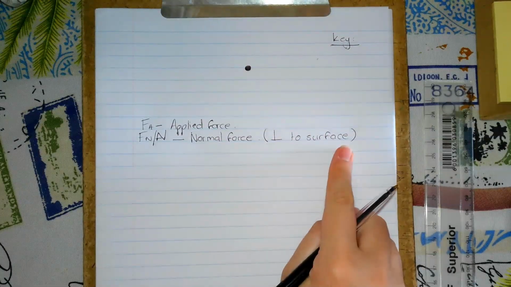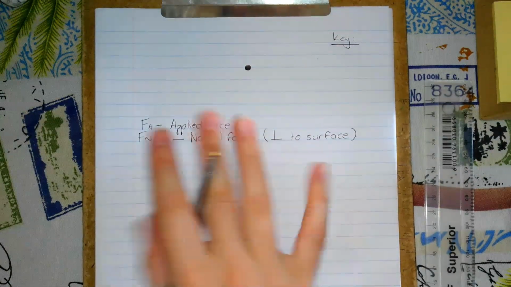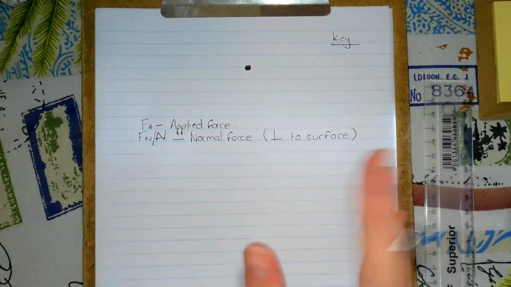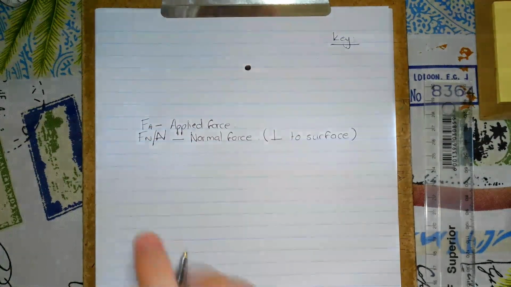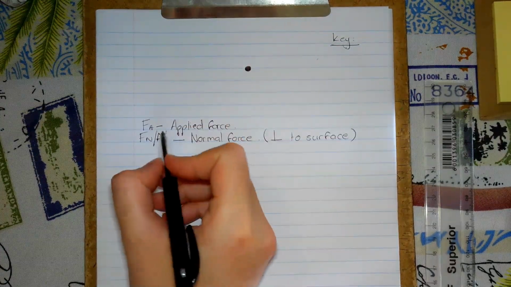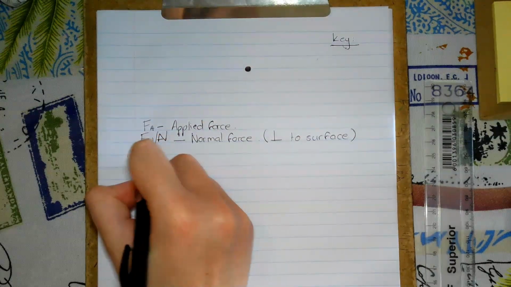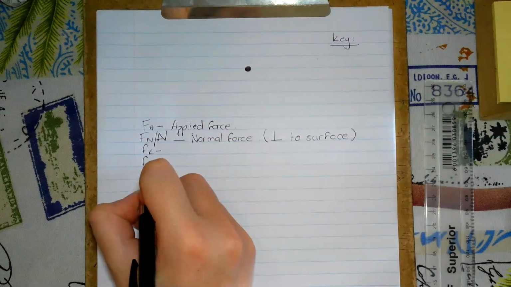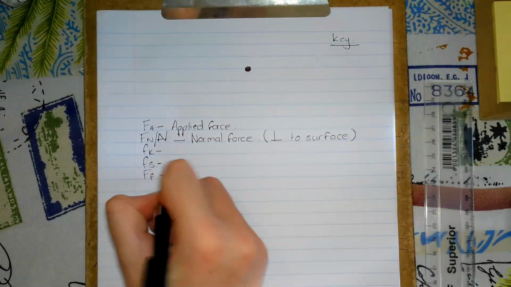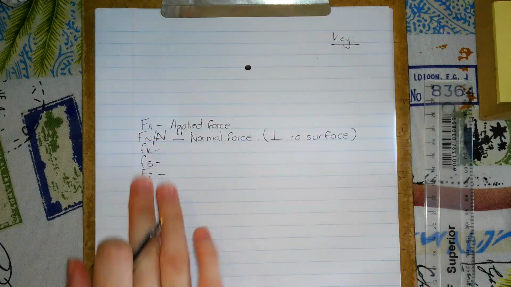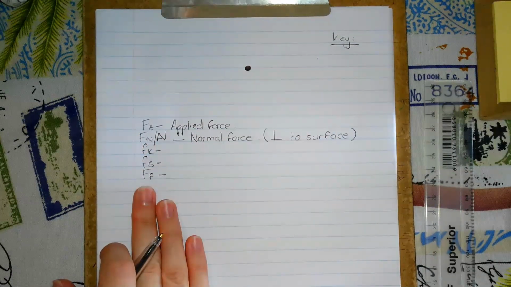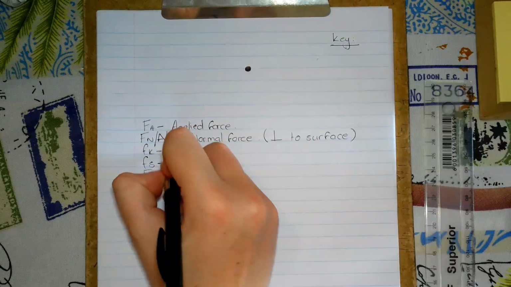So I will get more examples and elaborate a little bit more on this once I've gone through all the forces that we get. Then we get Fk, Fs, or they can just label it Ff. So these are all very similar. They all fall under friction forces. Fk is your kinetic friction.